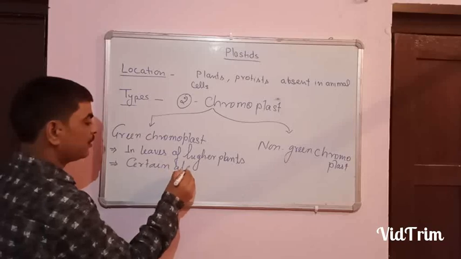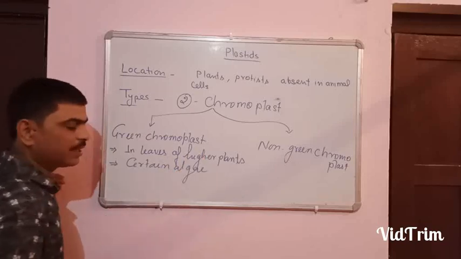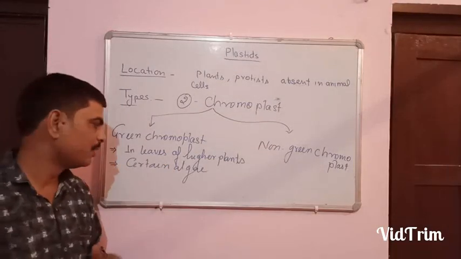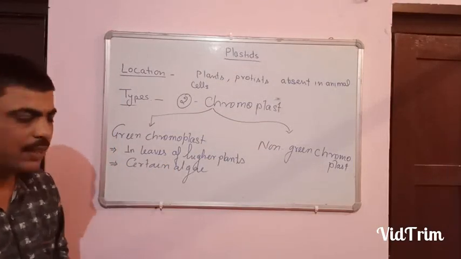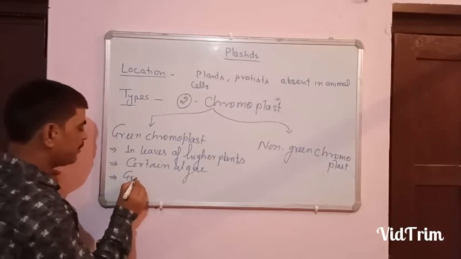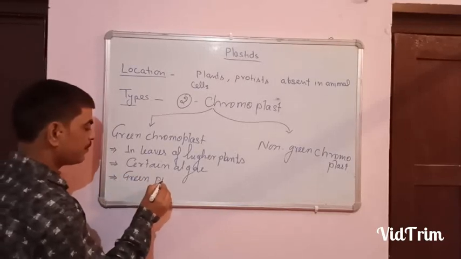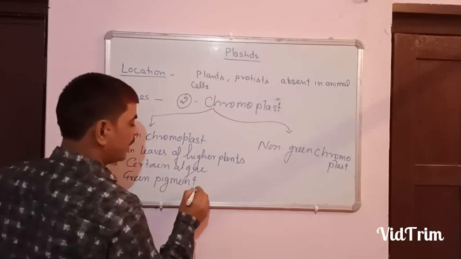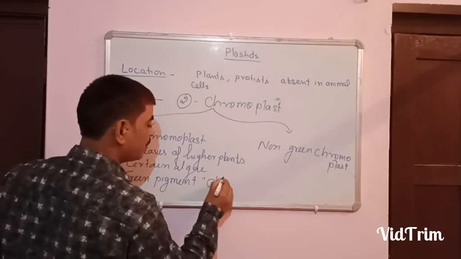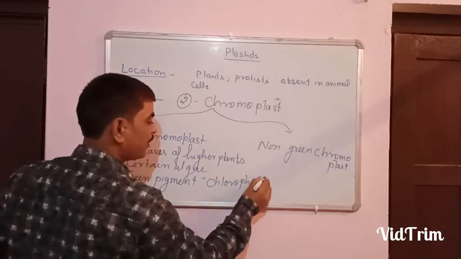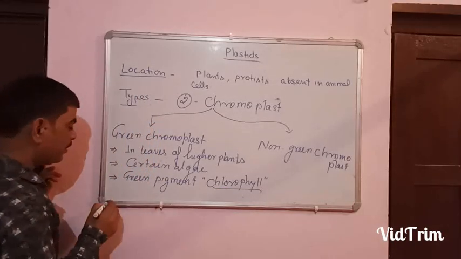You know, algae also have a green color. So they are present in the leaves of higher plants and certain algae, and they have a green pigment called chlorophyll.